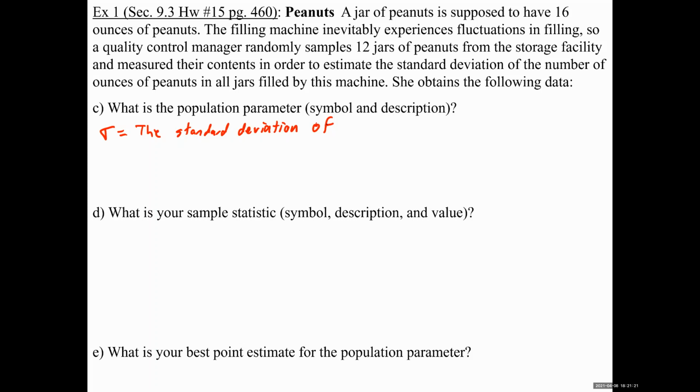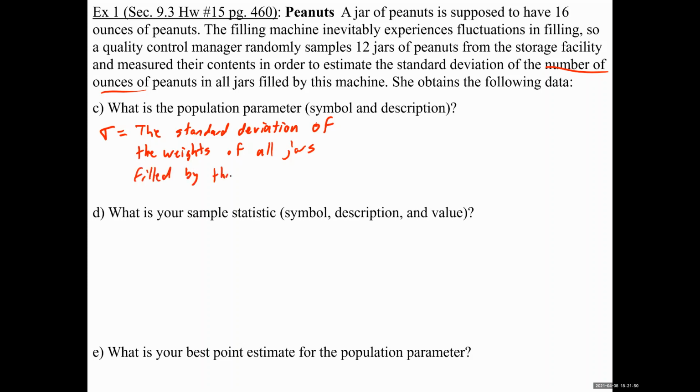I'm going to write the weights, but if you write the number of ounces, that's totally fine. I think it says the number of ounces in the problem somewhere. But again, I'm just going to write the weights. Standard deviation of the weights, because number of ounces or weights, that's a number. Standard deviation of the weights of, and now you mention the population: all jars filled by this machine.